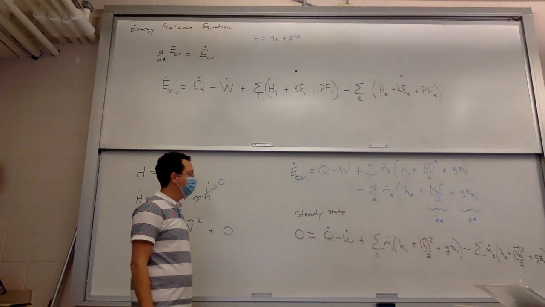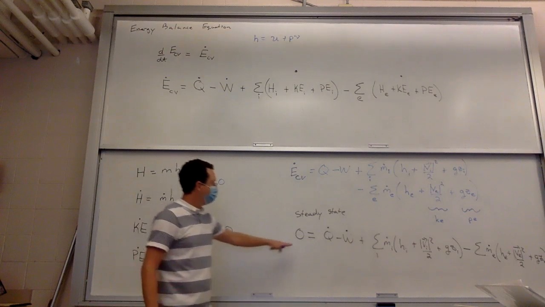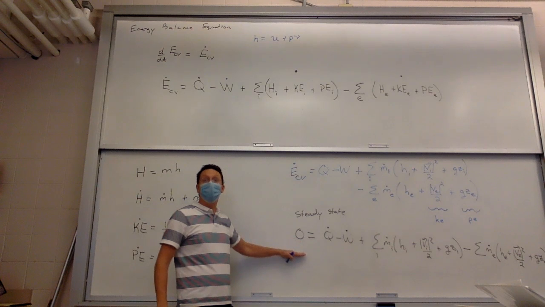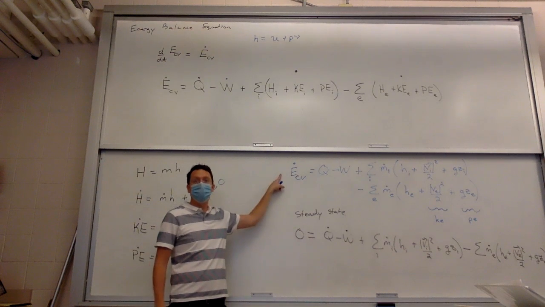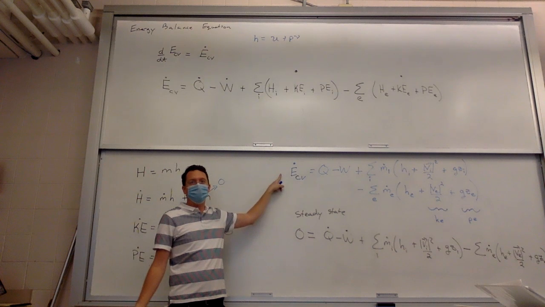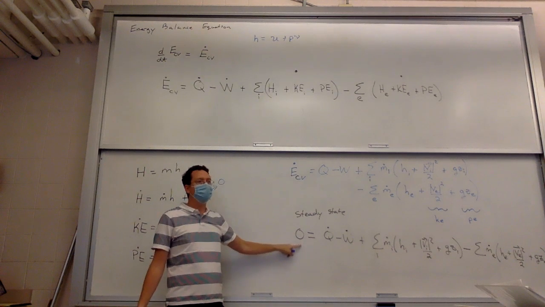So that's just the same equation you studied for the zero. Yeah, same one. This is the one we use in this class. The other one is always true, but we're only going to talk about things in steady state. So you can always make that assumption.